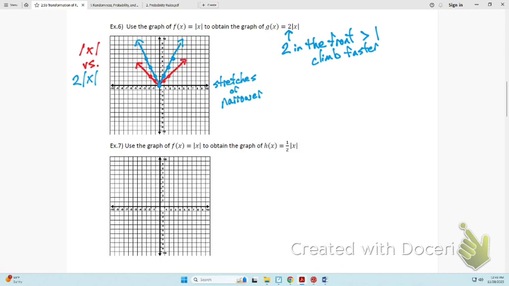And number 7 has a half on the front. It widens the graph, or shrinks, or climbs slower. That's up to you.